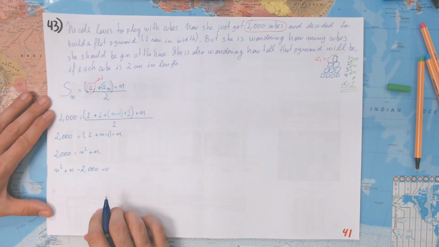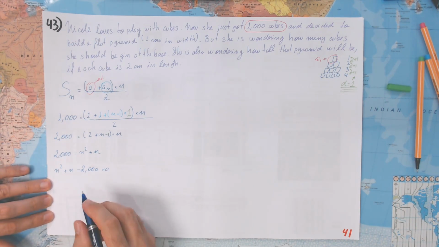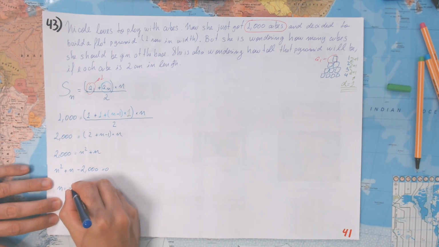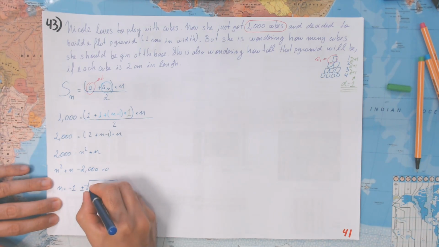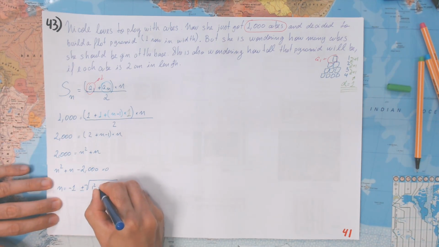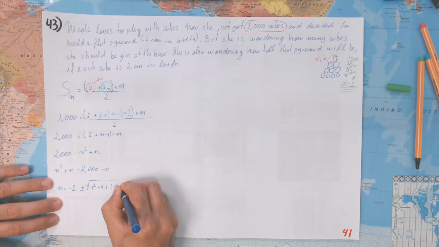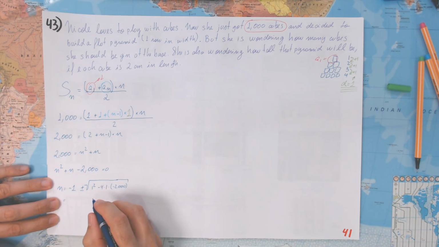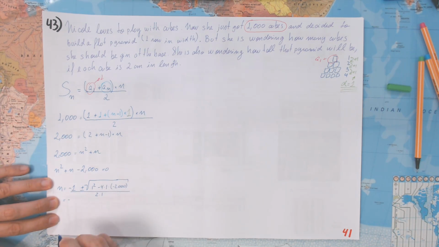Okay, so this is going to be our second degree equation, and we're going to solve for n. N is going to be, remember, minus b plus or minus square root of b squared minus 4 times a times c, divided by, sorry, 2a. What is this?